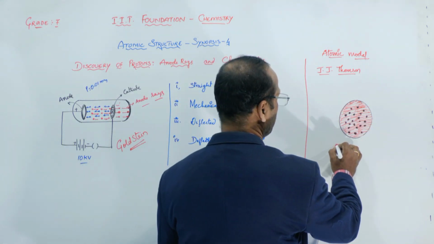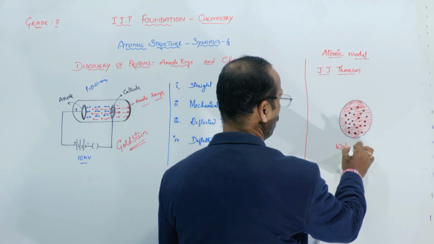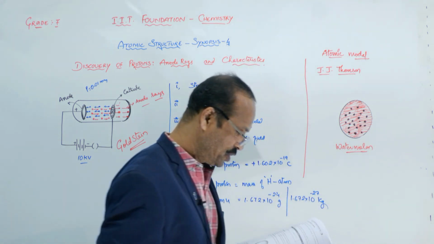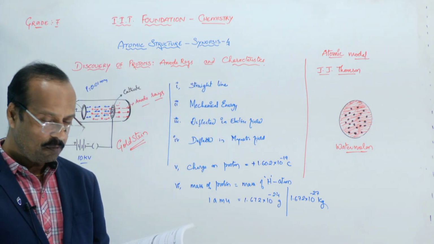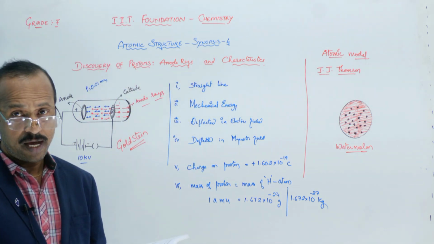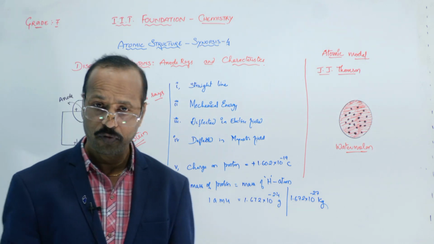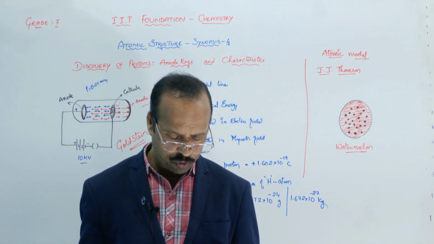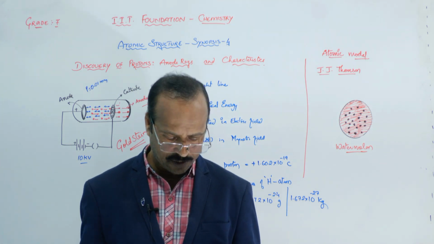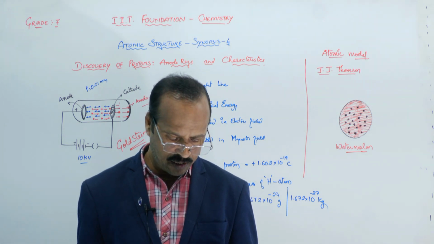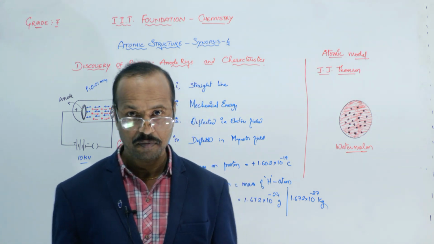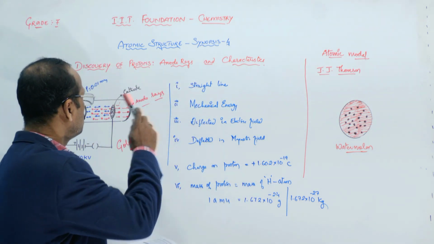Just what I told you, no? It is similar to a watermelon. So the option is 1. Electrons possess negative charge, protons possess positive charge, and neutrons possess no charge, so that's called neutral or no net charge. Positive rays are nothing but positively charged particles.